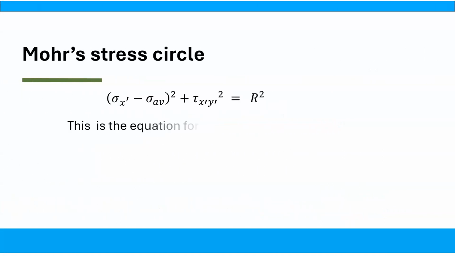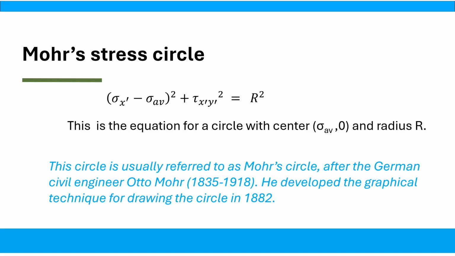If we take the right-hand side of the equation as R squared, then this equation resembles an equation for a circle, with radius R, and the center at (sigma_average, 0). This circle is usually referred to as Mohr's circle, after the German civil engineer Otto Mohr, 1835 to 1918. He developed the graphical technique for drawing the circle in 1882.